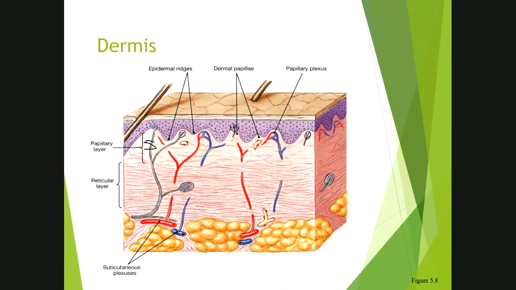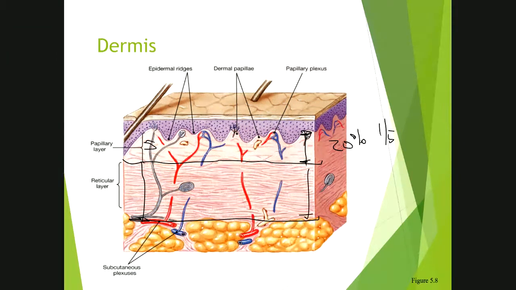It's about 20% of the total. So about 1/5 of the total from here to here. And then we have the reticular layer, and it goes from here down to about here. And so when you look at it, it's about 80%, or about 4/5 of the total.